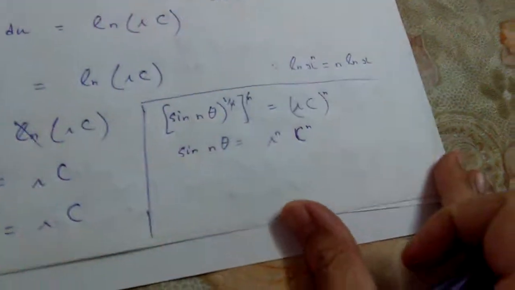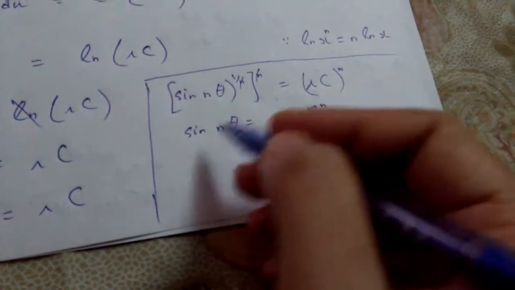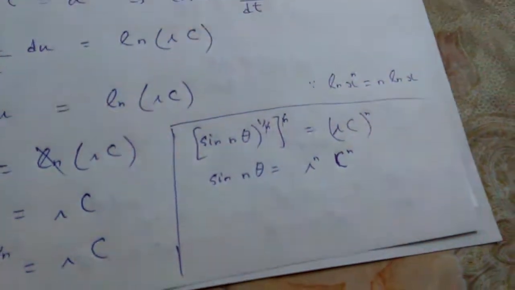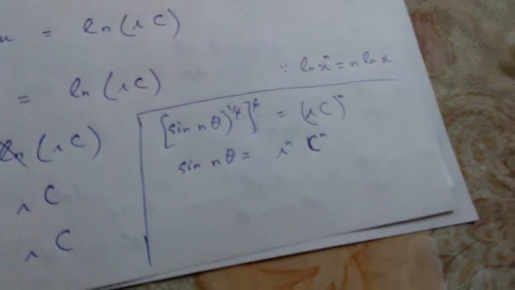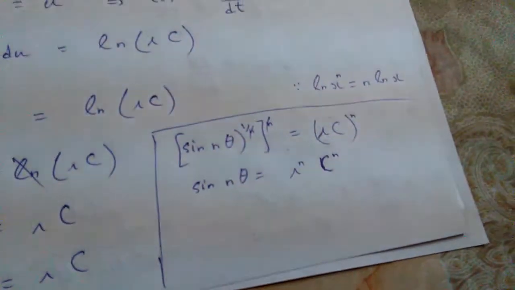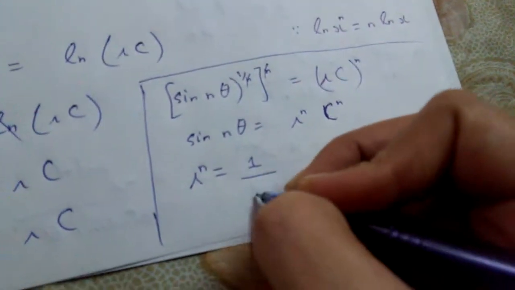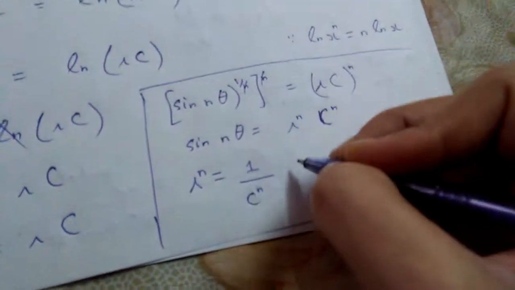c power n. Now I can shift this c power n over here, and as this c was a constant number, if you apply any power n on it, it's going to give you a constant number. If we take the reciprocal of that constant number, again you're having another constant number. So this is entirely a constant thing, you see.